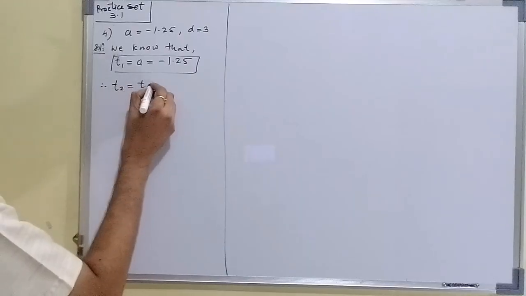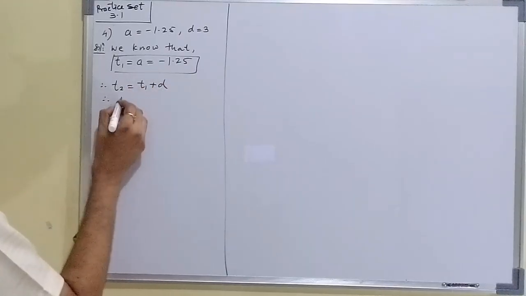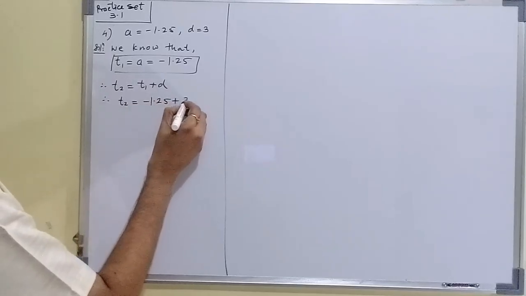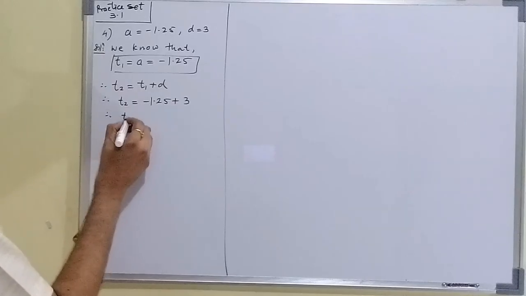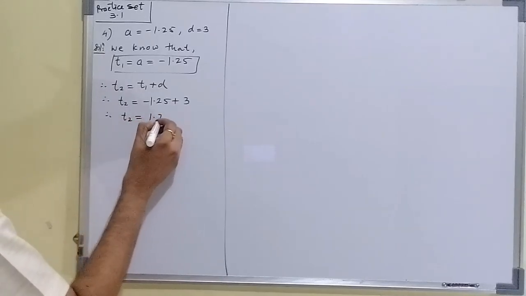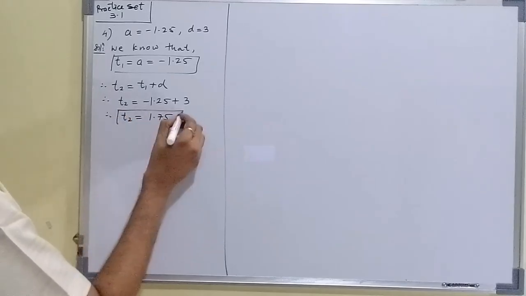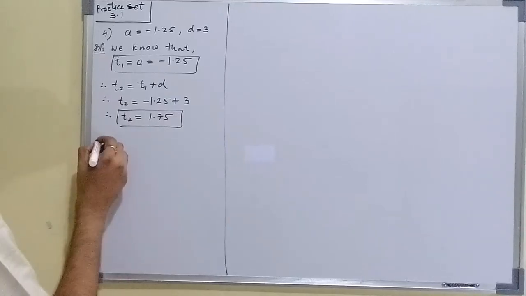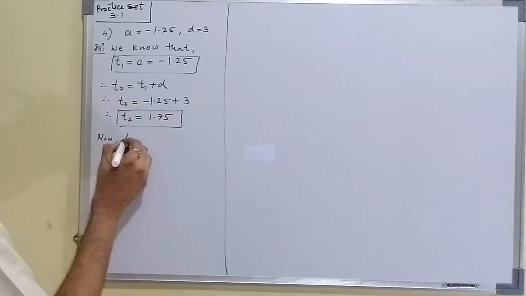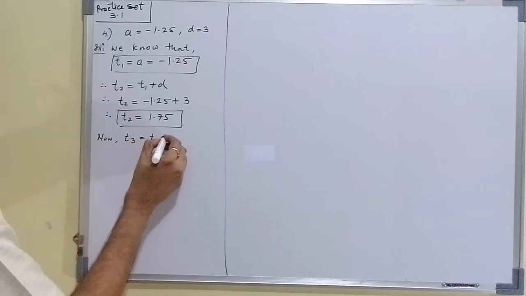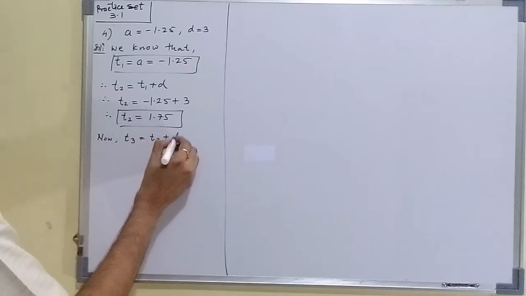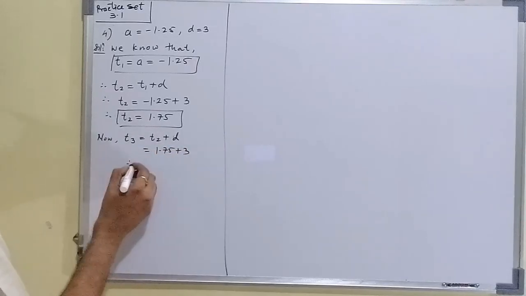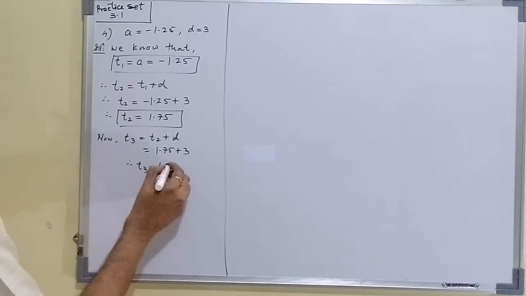Therefore what will be T2? T2 will be T1 plus D. It will be -1.25 plus 3. So T2 क्या होगा, 1.75 positive. Next, now T3 will be T2 plus D. This will be 1.75 plus 3. तो T3 क्या होगा, 4.75.